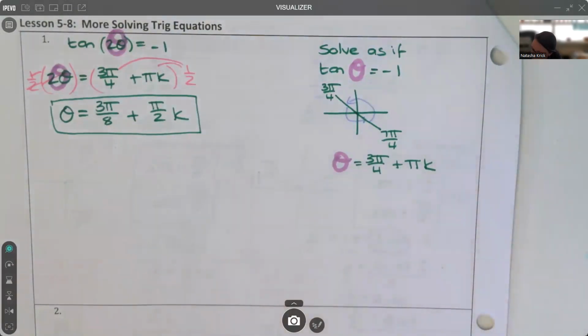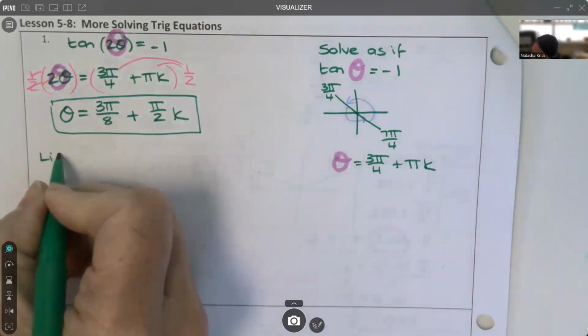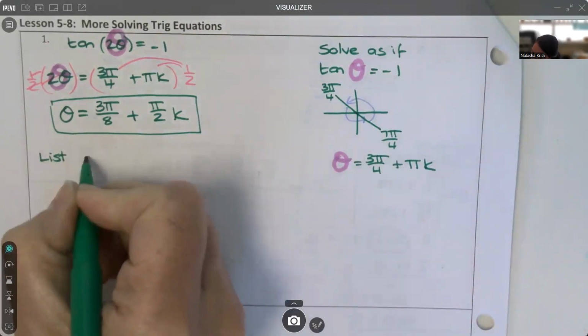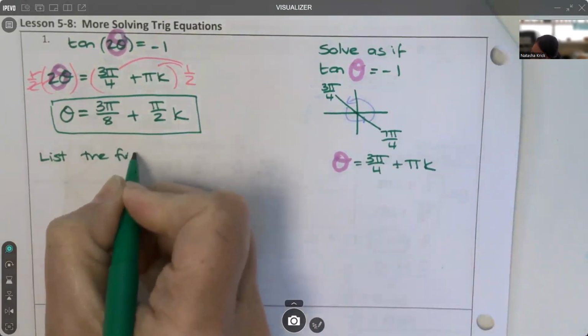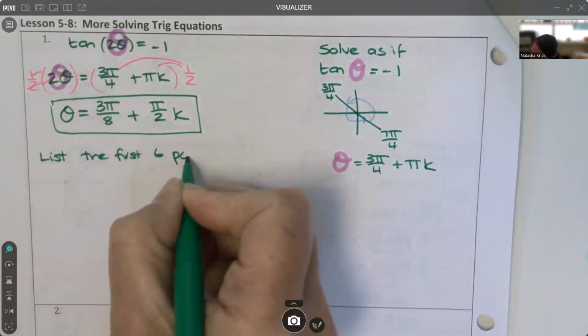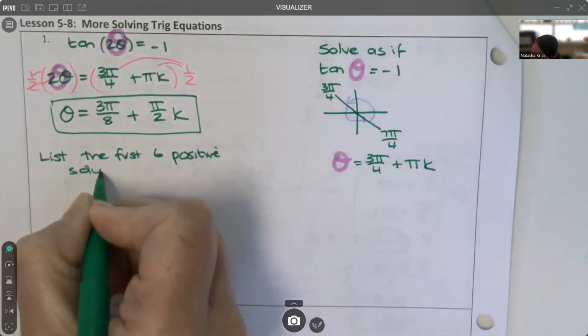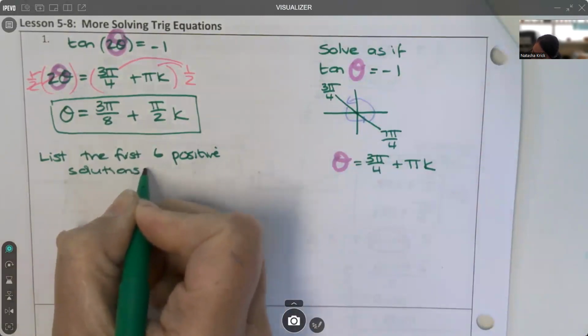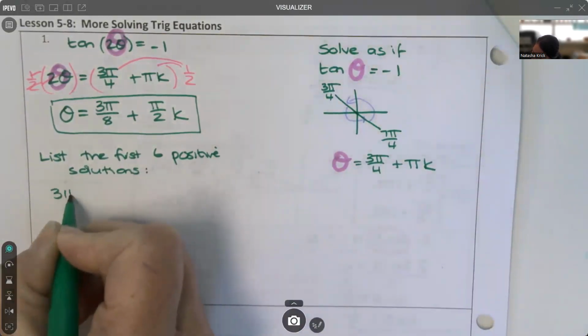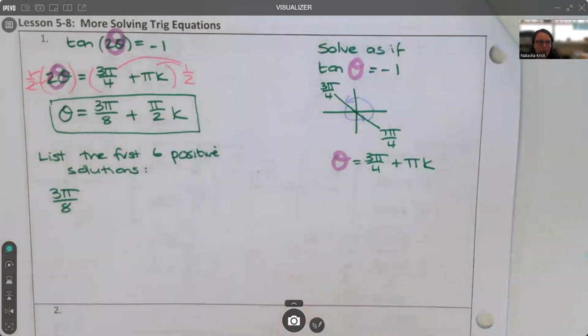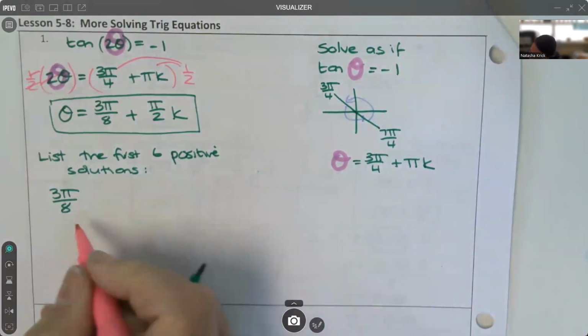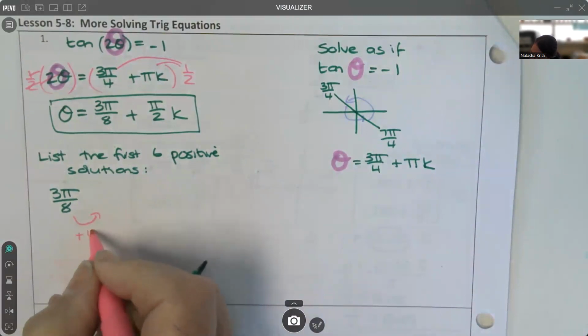Oftentimes, you might actually be asked to list some of those solutions. So maybe we want to list the first 6 positive solutions. So the first one would be 3 pi over 8. And then we want to add pi over 2.